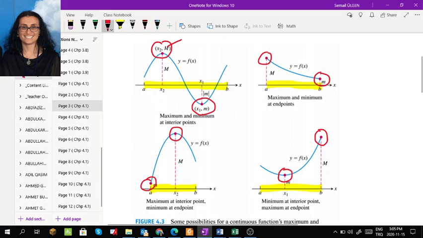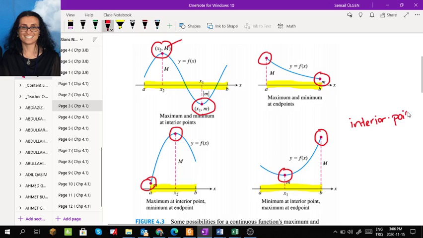Where's my cursor? So here we have the absolute min and max inside the interval. Here absolute max and min at the endpoints. Here we have absolute max in the interior point and absolute min at an endpoint. And here we have absolute min in an interior point. Interior point means inside the interval.